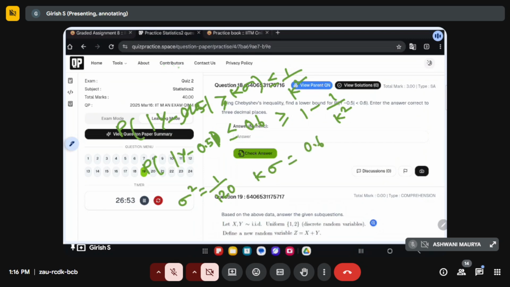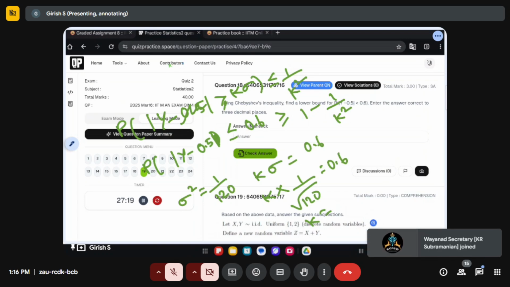And what we have is k into sigma, where sigma is 1 by root 120, into 0.6. So k value is square root of 120 into 0.6. We can have something like 6.57.